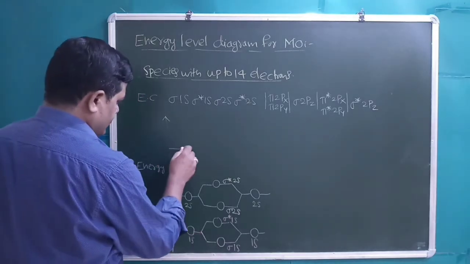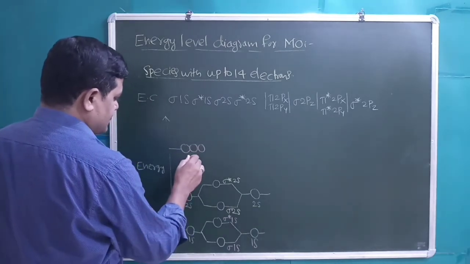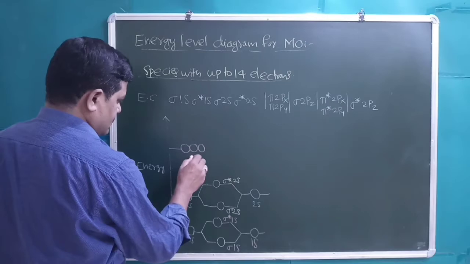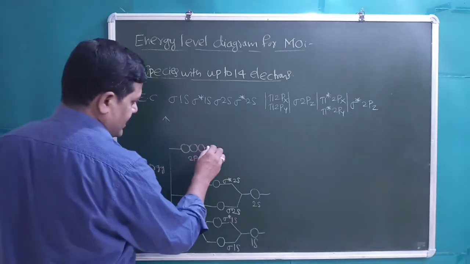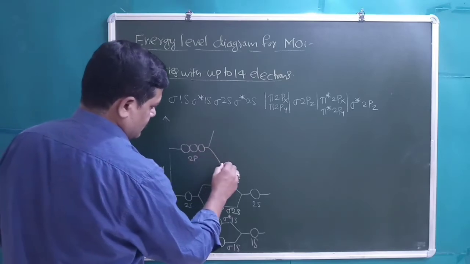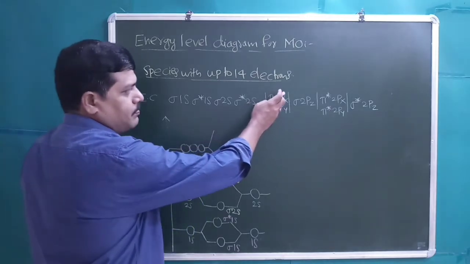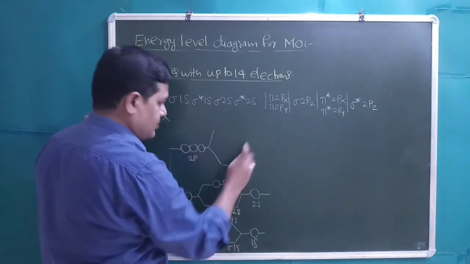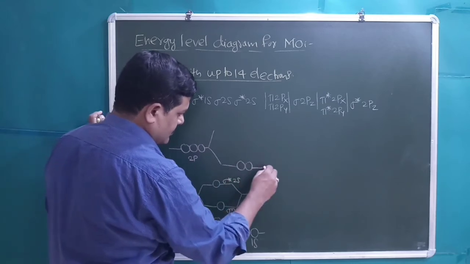Next level, the 2p orbitals will combine. Three orbitals will combine. The increasing order of energy is pi 2px, pi 2py having lower energy.